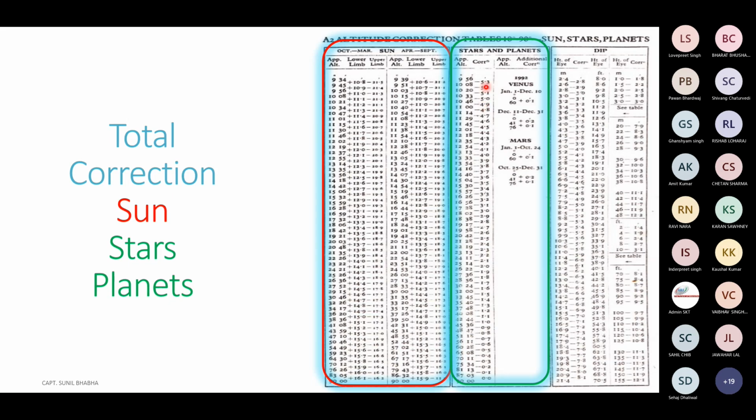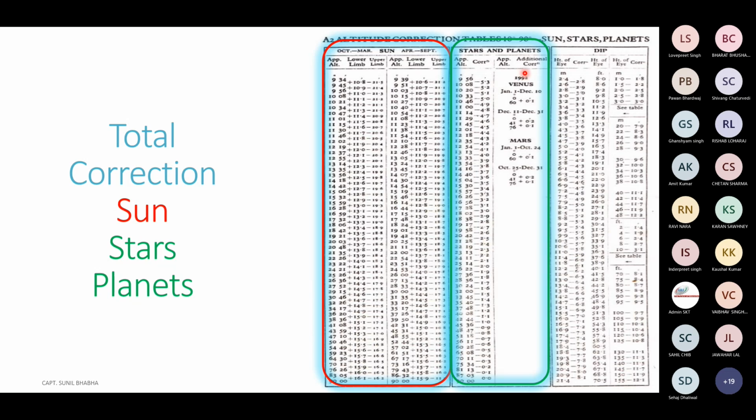Now, when you are picking up the total correction for planets, you have to be careful about 2 planets, that is Venus and Mars. Now, whenever the altitude correction is being done for Venus and Mars, once you have referred to the total correction table, obtained the total correction against the apparent altitude, after that you have to apply an additional correction also.